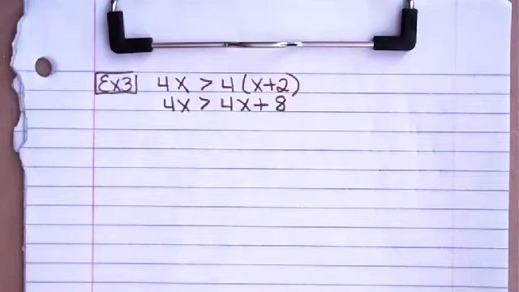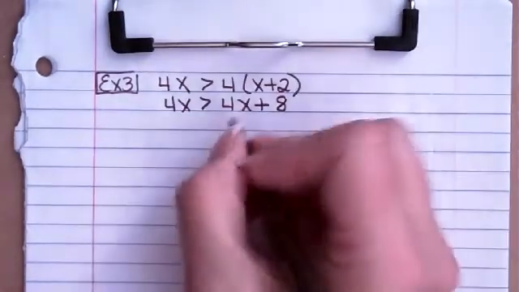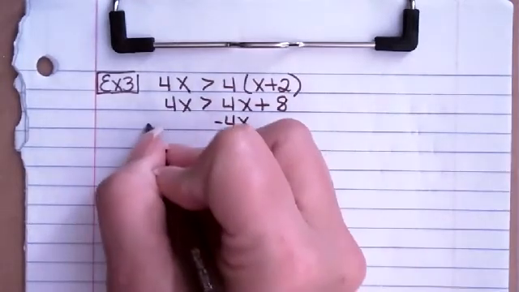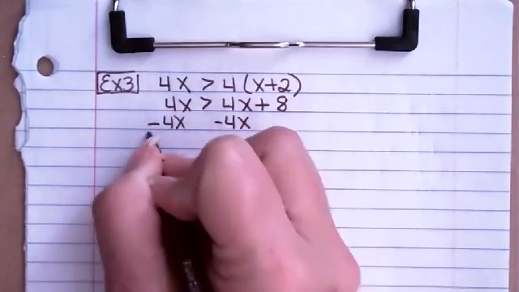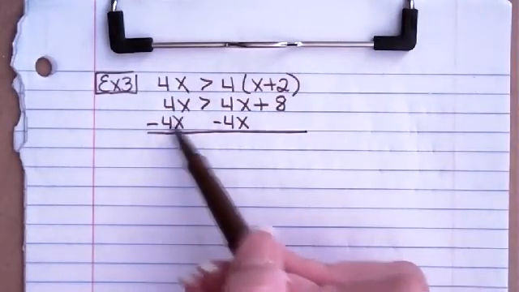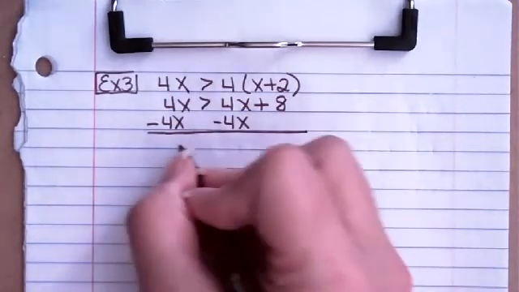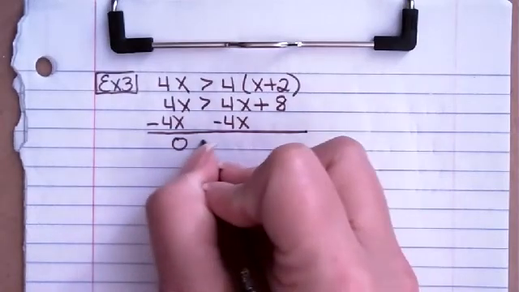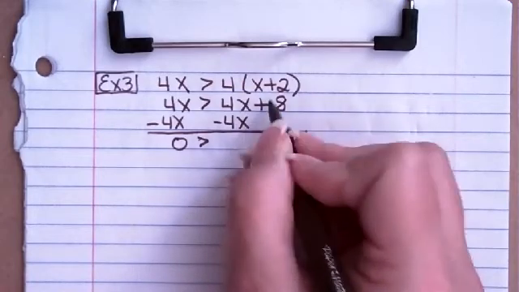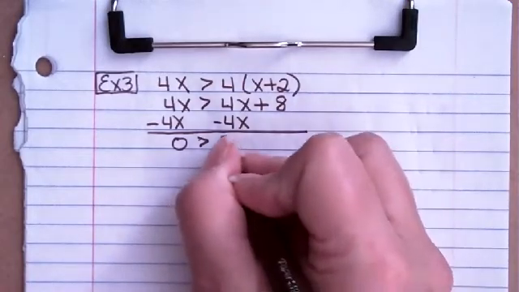Now we need to put our 4x's together on the same side. So I'm going to take this one on the right and subtract it and put it with the one on the left. Now look what happens right here. 4x minus 4x, that's a big old goose egg, that's a 0 right there. Greater than, 0 plus 8 is 8.